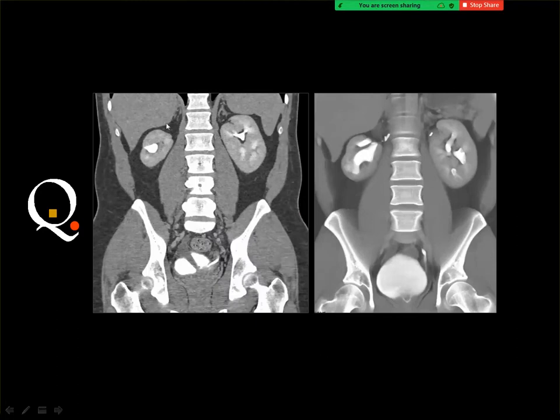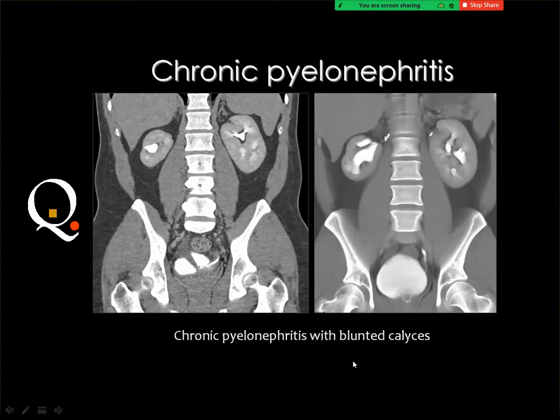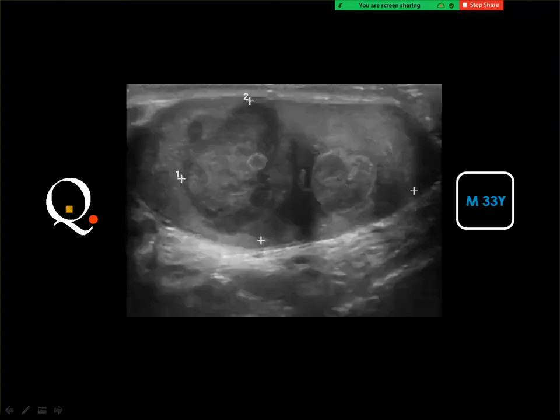The right kidney is smaller in size with irregular parenchymal thickness, and some of the calyces are seen reaching the border or the contour of the kidney, meaning that total loss of the renal parenchyma, focal total loss of the renal parenchyma, which is diagnostic of chronic pyelonephritis.